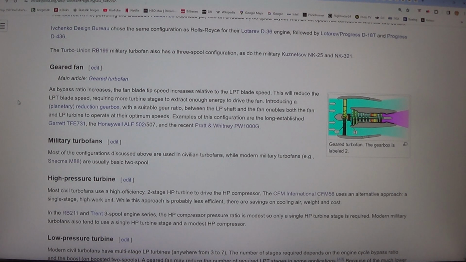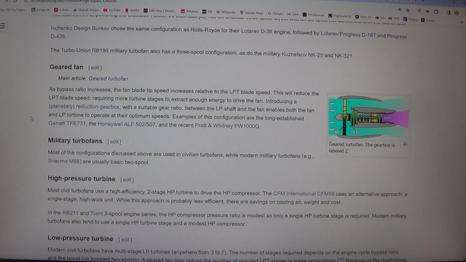Introducing a planetary reduction gearbox with a suitable gear ratio between the LP shaft and the fan enables both the fan and LP turbine to operate at their optimum speeds. Examples of this configuration are the long-established Garrett TFE731, the Honeywell ELF 502/507, and the recent Pratt & Whitney PW1000G.